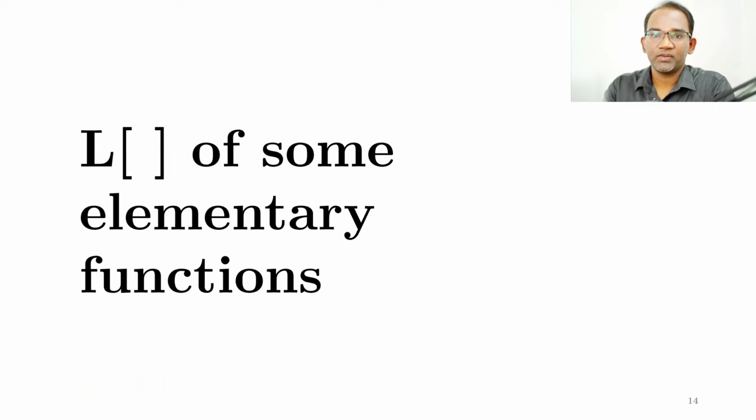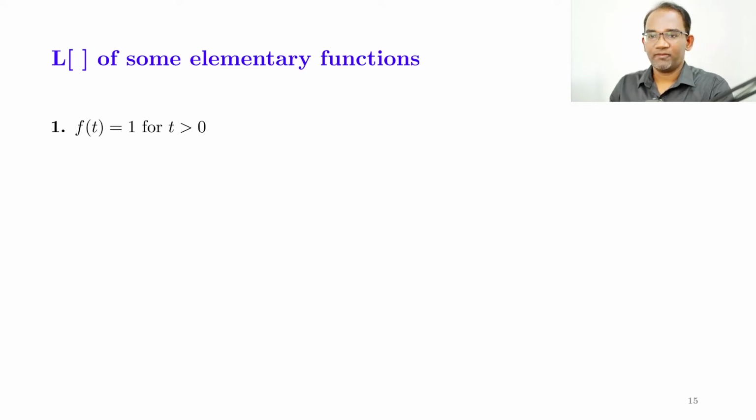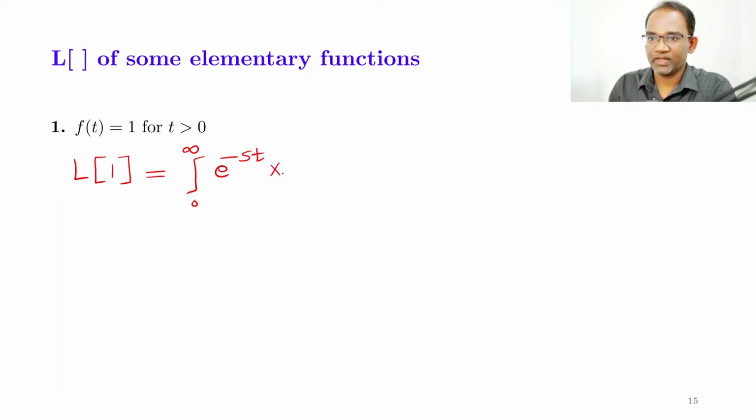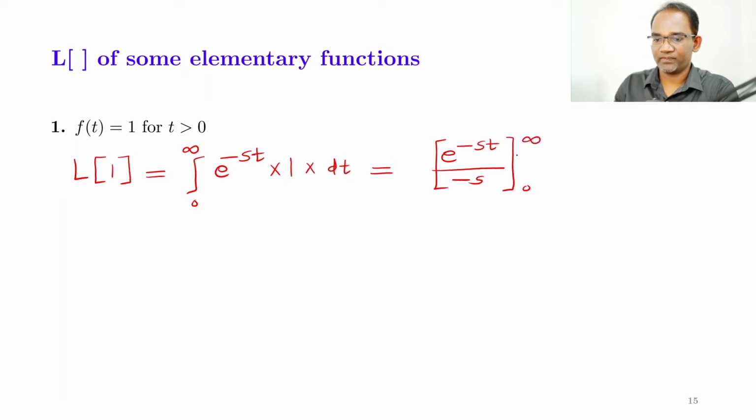We'll now try to find the Laplace transform of some elementary functions. The first one is f(t) = 1 for t > 0. The Laplace transform of 1 is the integral from 0 to infinity of e^(-st) multiplied by 1 dt, which equals e^(-st) over (-s) from 0 to infinity.